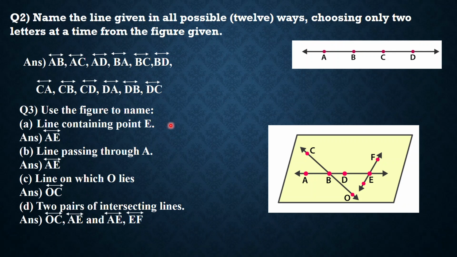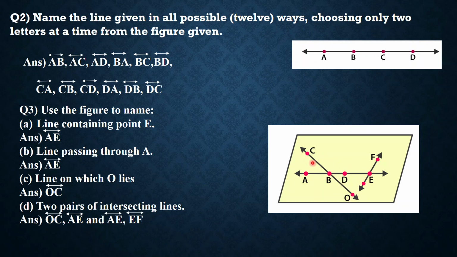Before going to the questions, first analyze the question and analyze the figure. A line is given, and one more line. So here we have 3 lines. Here we see A, B, D, and here C, B, O, and here OK.